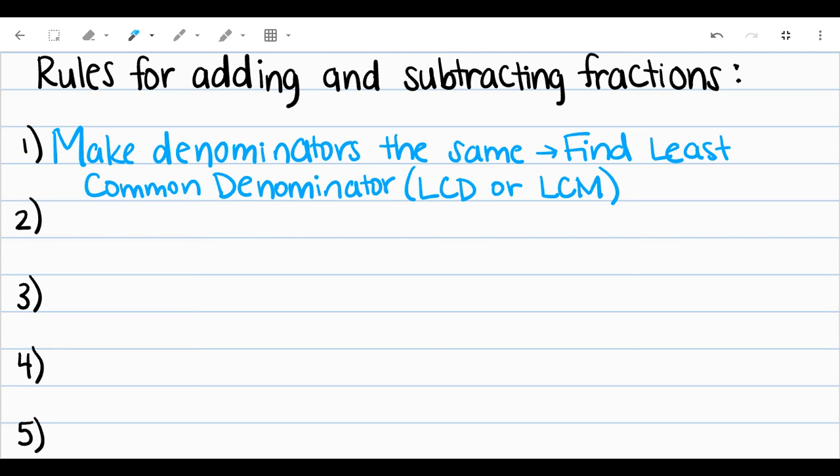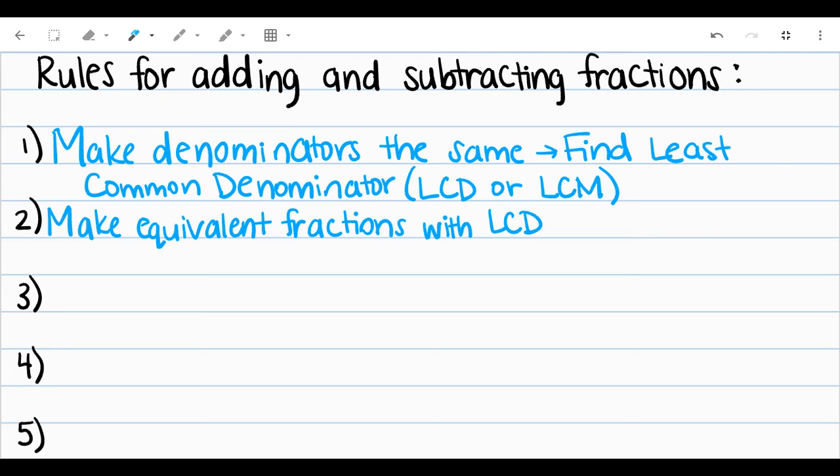Once we find the least common denominator, we want to make equivalent fractions using our LCD, or our least common denominator.